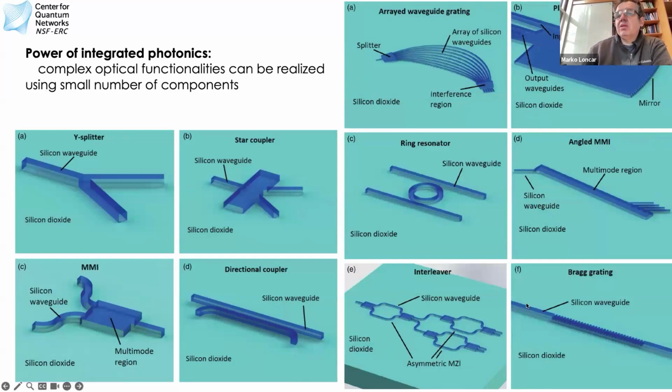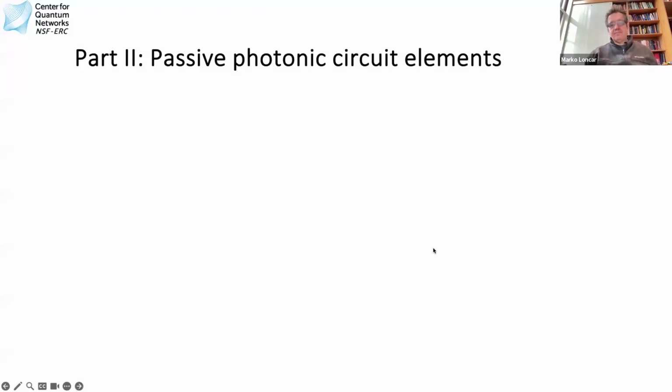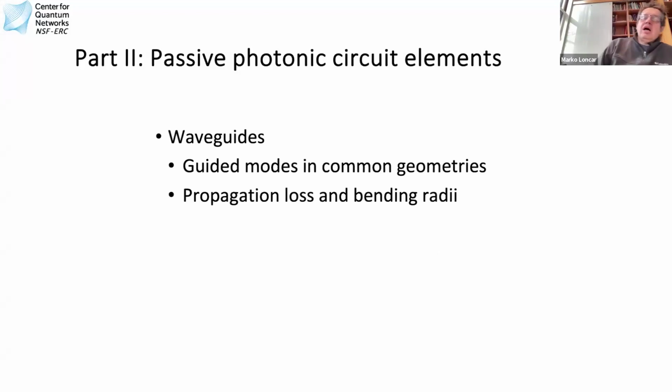We will talk a little bit about gratings as a way to bring light on chip, but we are not going to go into details. An extended version of grating is the field of photonic crystals, which is very dear to my heart and very actively researched in the photonics community, but unfortunately we won't have a lot of time to talk about it. Maybe I'll show a few slides. So we'll mainly talk about waveguides, and that's what we'll end up doing.